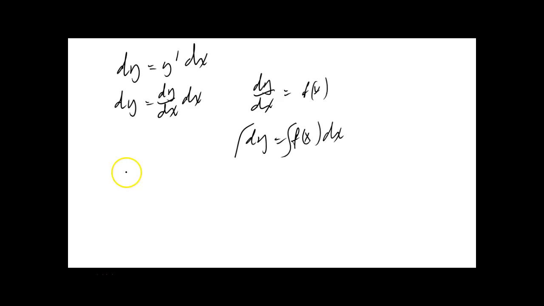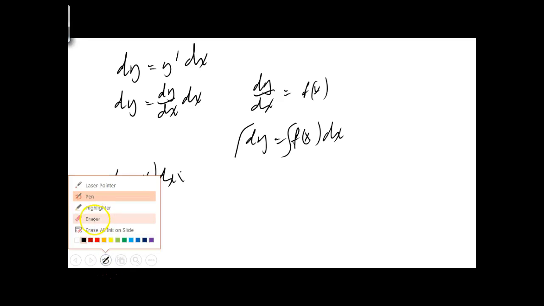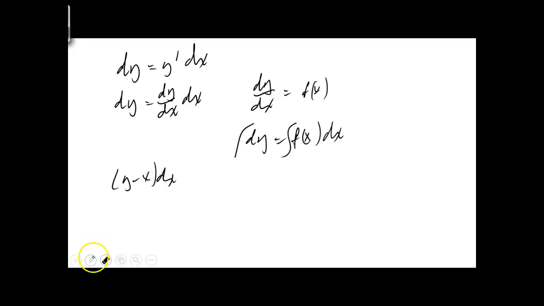Let's start this way. This is what example 2 is doing. Here's 2a: (y minus x) dx plus 4x dy is equal to 0.